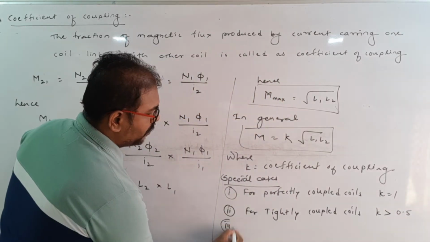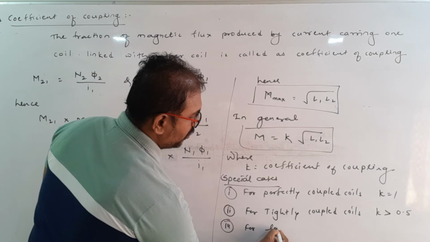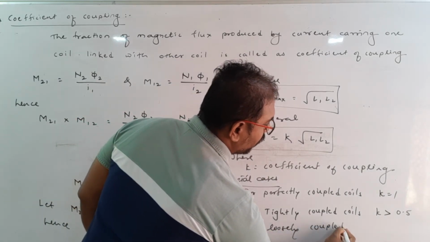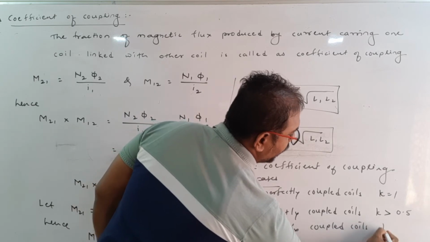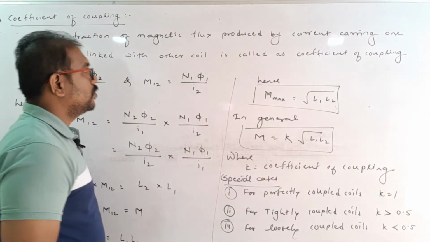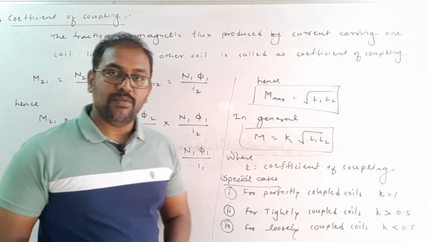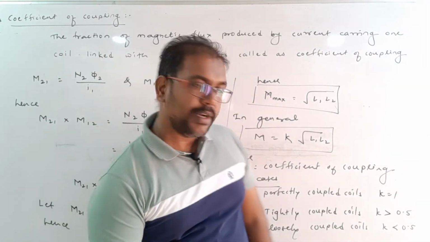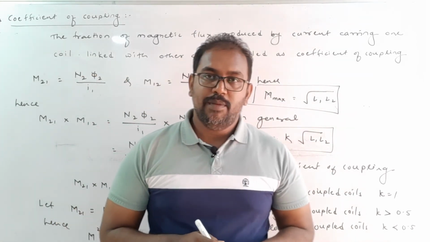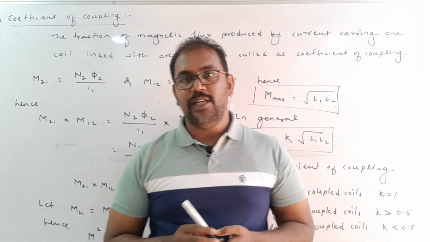And the last case, for loosely coupled coils, K is less than 0.5. So remember, coefficient of coupling 1 is perfectly coupled coils, greater than 0.5 is tightly coupled, less than 0.5 is loosely coupled.